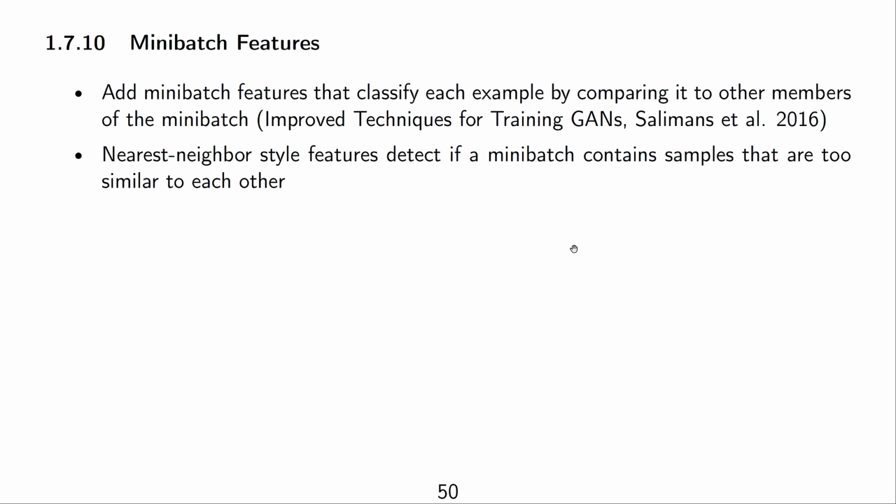So the discriminator now would receive a batch of real and a batch of fake images, and then it is allowed to do statistics across the batch.